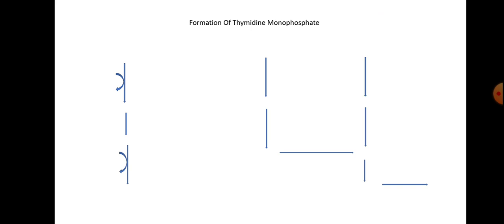Now here there's two ways into making thymidine monophosphate. The first one utilizes UDP.